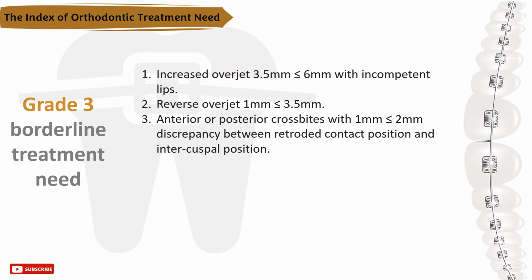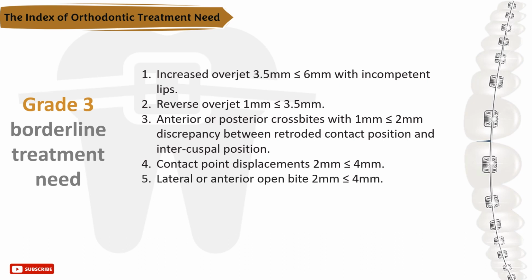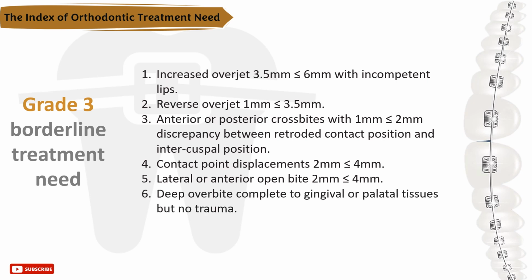Anterior or posterior crossbites with 1 mm to 2 mm or less discrepancy between retruded contact position and intercuspal position. Contact point displacement from 2 to equal to or less than 4 mm. Lateral or anterior open bite from 2 mm to 4 mm or less. Deep overbite with complete gingival or palatal tissue contact with no trauma.